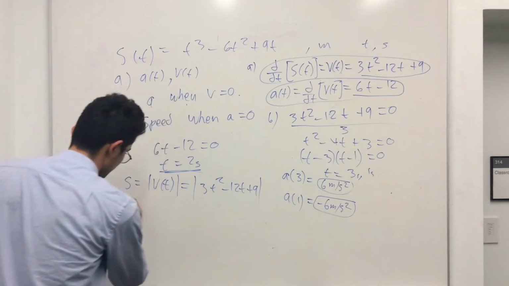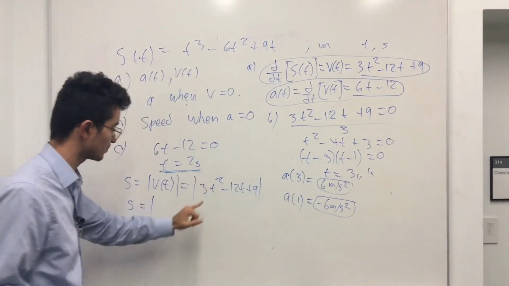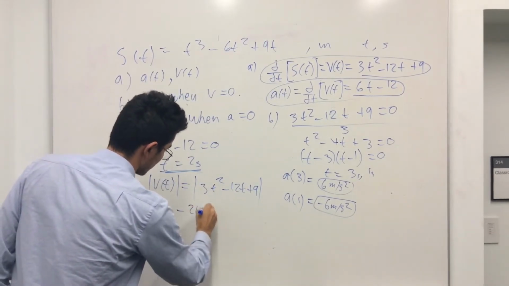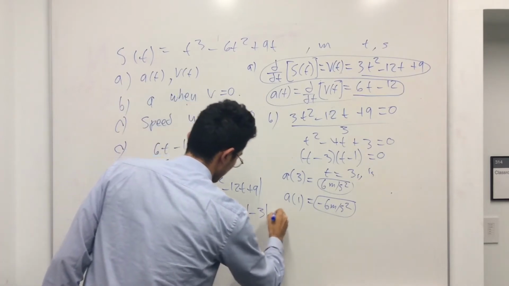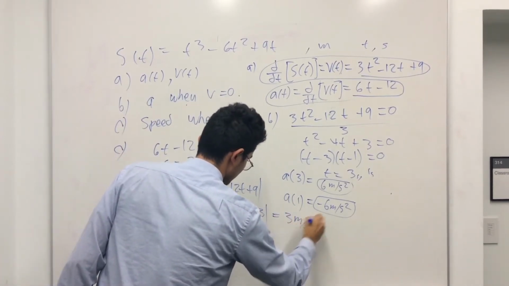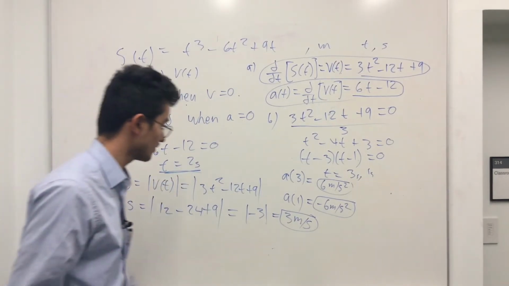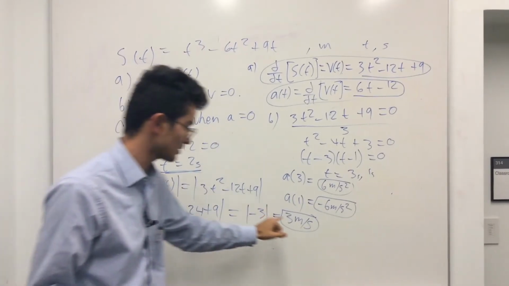The speed is equal to the absolute value of 2 squared is 4, 4 times 3 is 12, minus 24 plus 9. And we find that that's equal to the absolute value of negative 3, which is equal to 3 meters per second. So that's the speed when the acceleration is equal to 0. Don't forget the units. The units for the speed are the same as the units for velocity, meters per second.